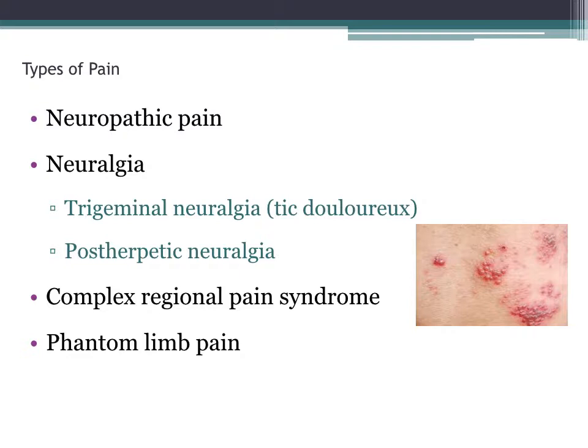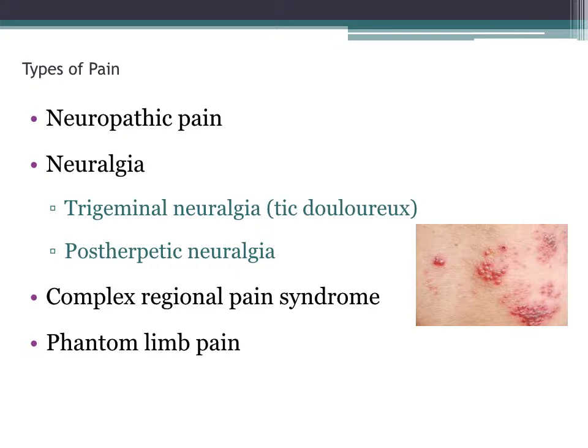Phantom limb pain is a really interesting disease, so to speak, in that 95% of people that have had amputations will experience it at one time or another.